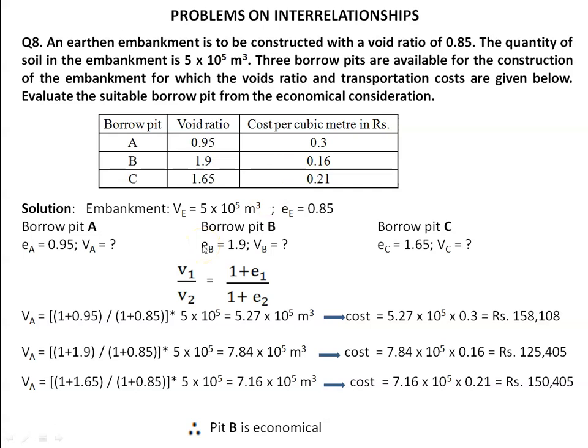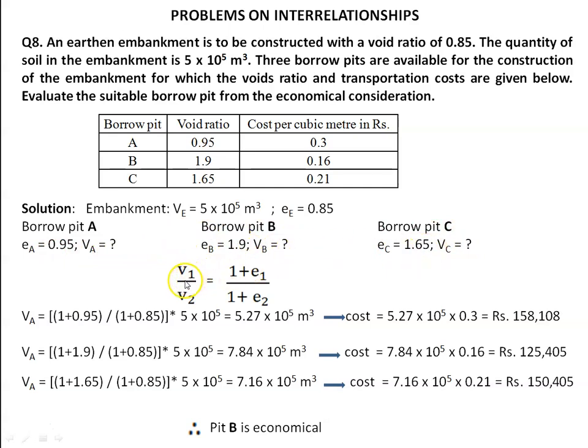So here for the embankment, the properties are given as volume as 5 into 10 to the power of 5 meter cube and void ratio as 0.85. So for borrow pit A, we know the void ratio, and for B and C also voids ratios are given.